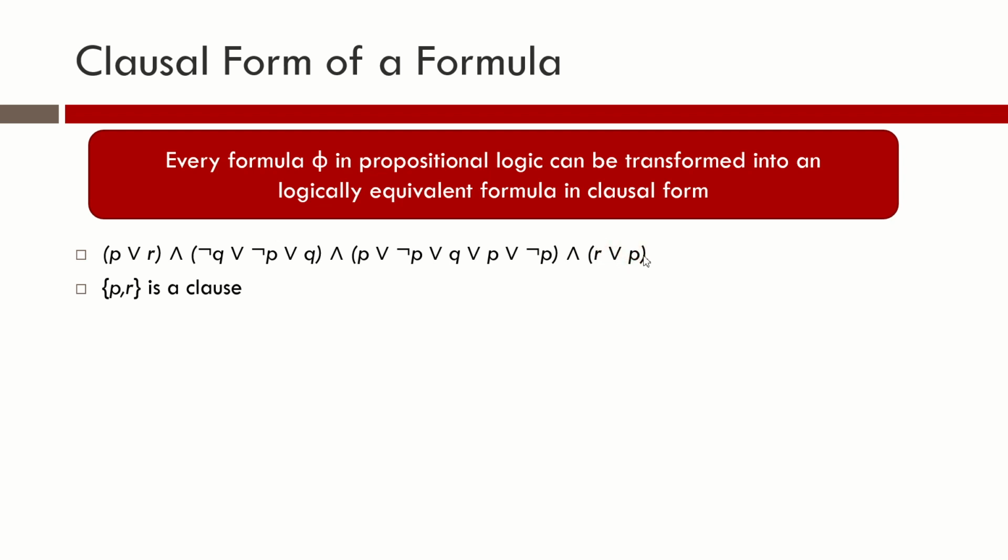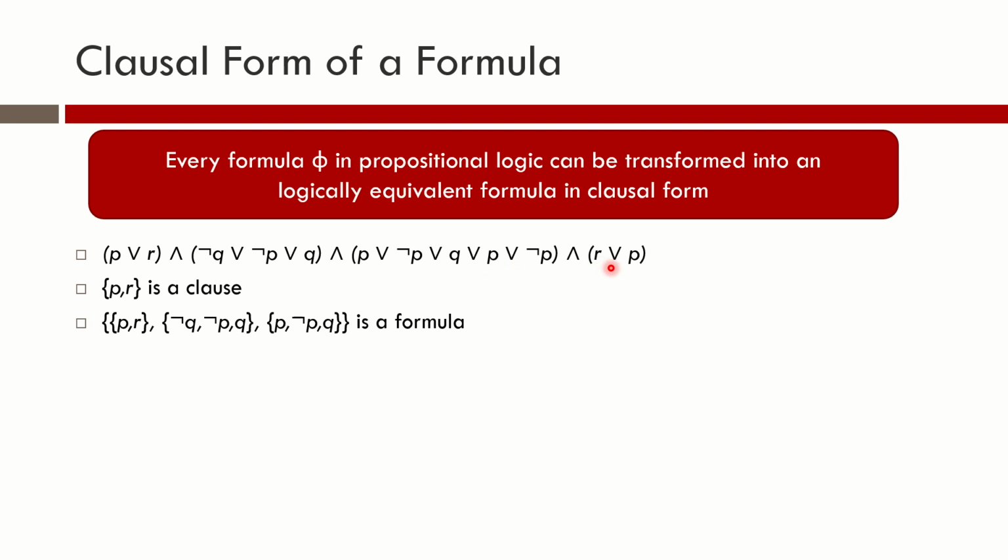So this formula can be represented as a set of clauses. Here, we have the set {P, R}, comma, the set {negation Q, negation P, Q}. And in this set again we have P, negation P, Q. The other P and Q, P and negation P, you don't need to include because it is already there.